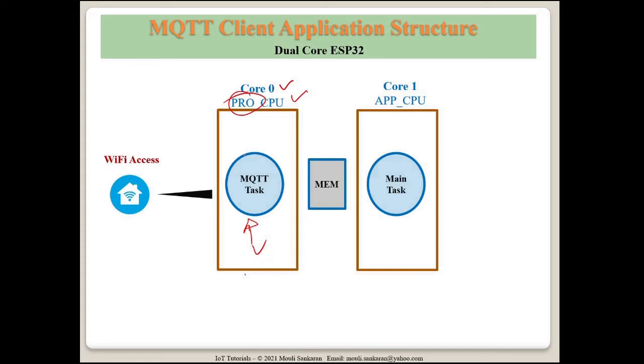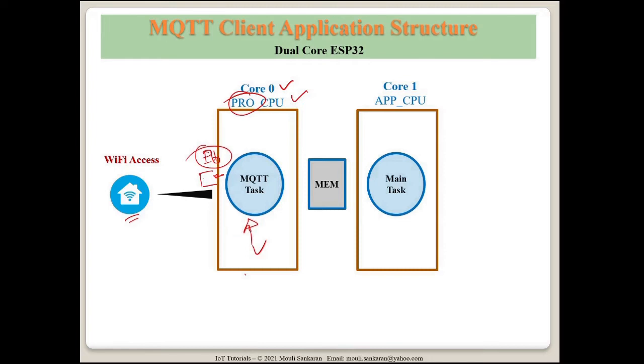The reason is the connection to the Wi-Fi IP, the PHY of Wi-Fi, is accessed from this core, and it is optimized for accessing those communication devices from this core.